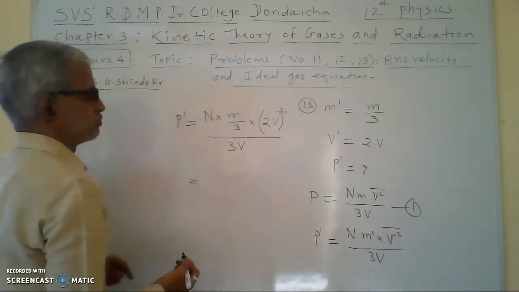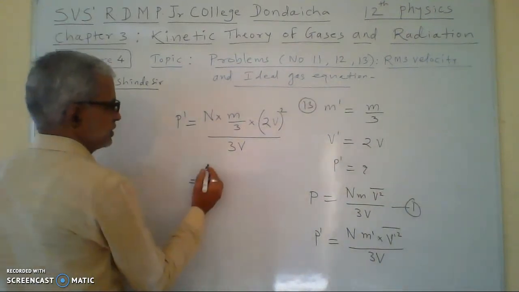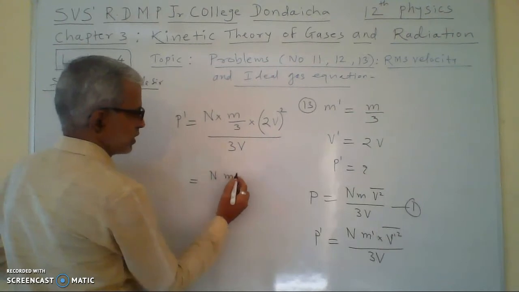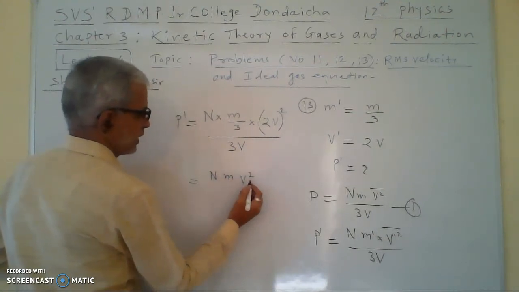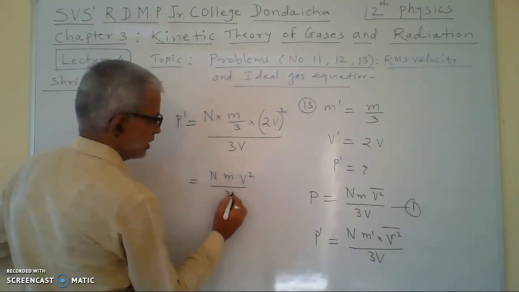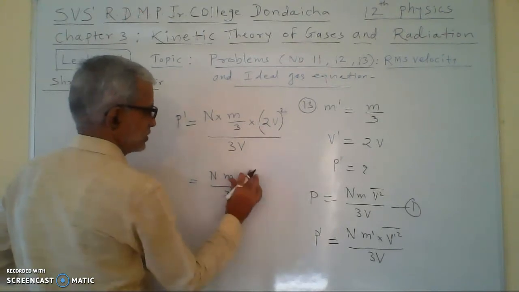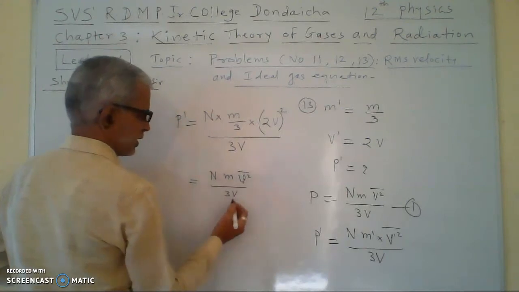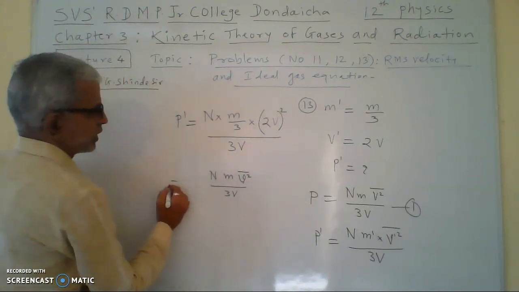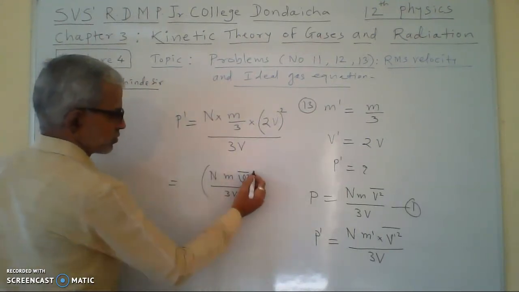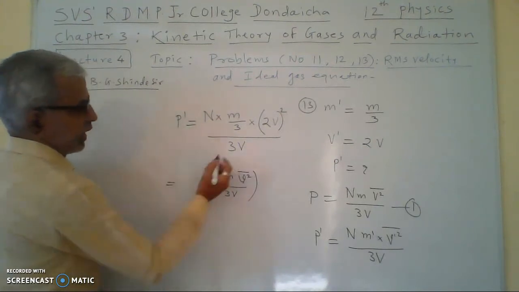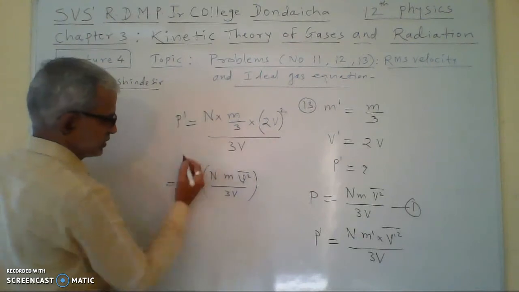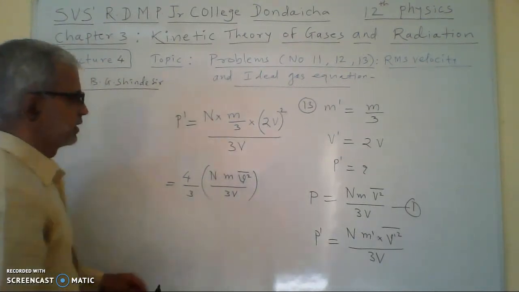So this is n m v square bar upon 3V in one bracket, and this 2 square will be 4, and this 3 will be divided here.